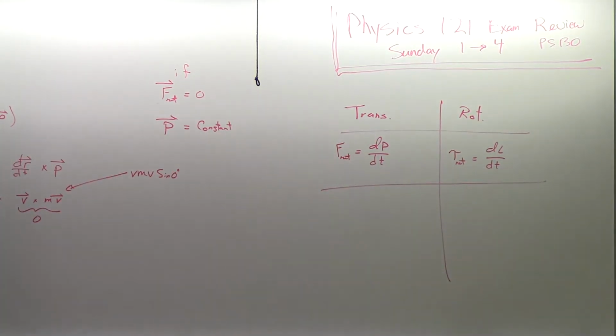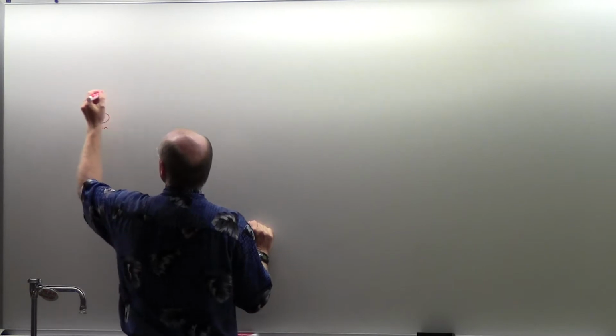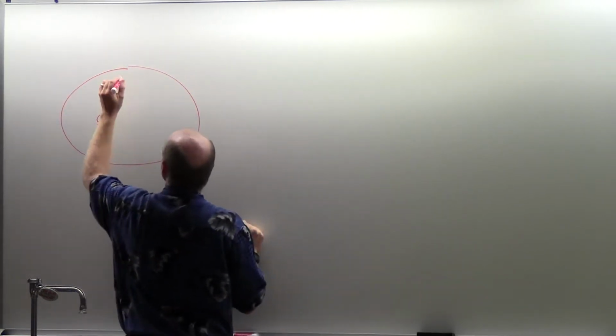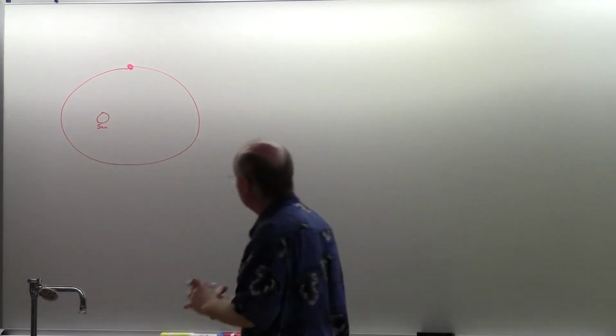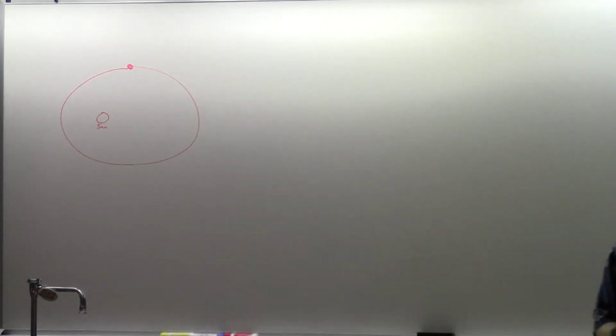In fact, when we got started with Chapter 11, I said to go ahead and imagine maybe the solar system, where you put the sun and some kind of more elliptical orbit. I'll give it a lot of ellipticity, so it's certainly far more elliptical than the Earth's orbit. The Earth, if you don't already know, is an ellipse.